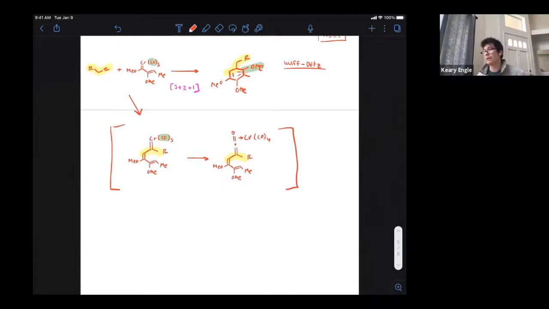Okay. And so the mechanism, again, details remain debated, but I think Nathan was most of the way there. So first step is probably loss of CO, as Kelly said. Then coordination of the alkyne, 2+2, retro 2+2. Addition of carbenes across alkynes. I kind of always draw it in this way.